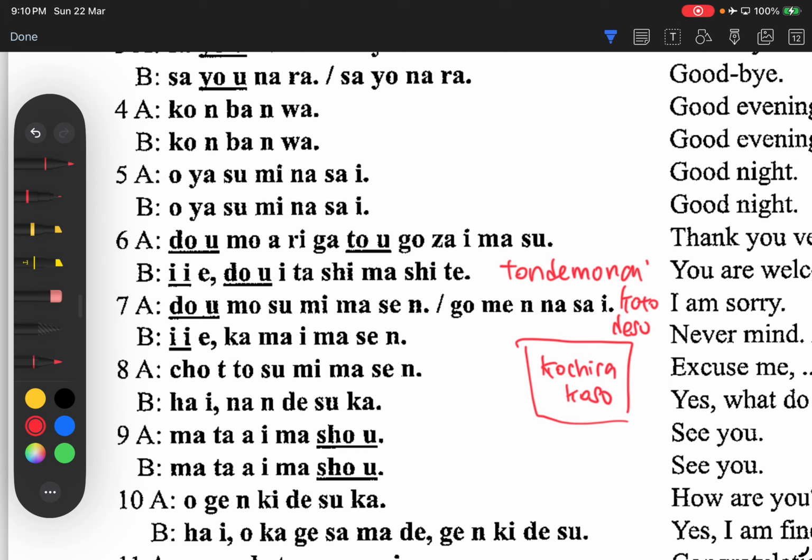Right, so ごめんなさい. Good. So what is the difference between すみません and ごめんなさい is すみません is more like 不好意思, it's like 拍謝, sorry, excuse me. ごめんなさい is more of an apology, I am sorry, 抱歉, sorry, 对不起, that kind.